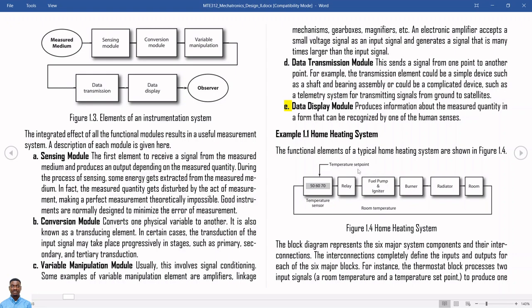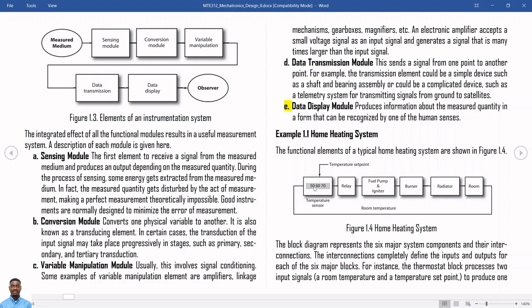So when the temperature set point and the room temperature, which is sensed by the temperature sensor, are equal, then the relay that controls the fuel pump and the igniter for the burner will not open, so that the temperature will be maintained.